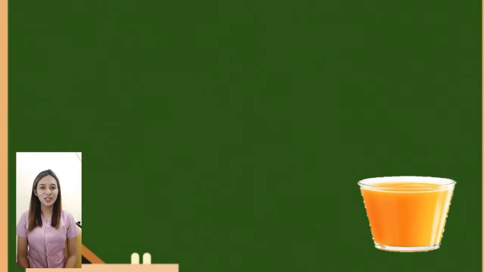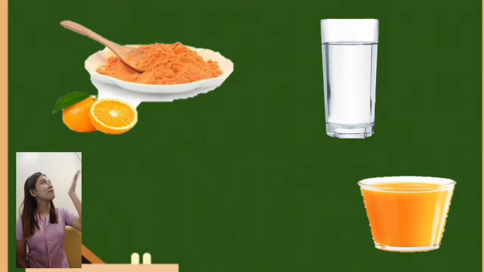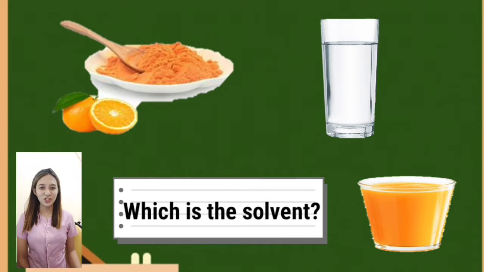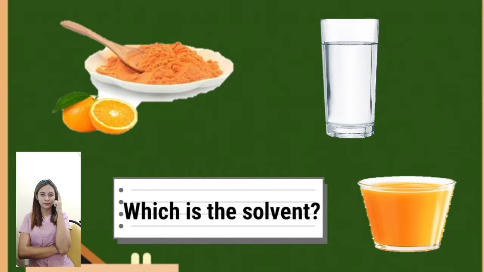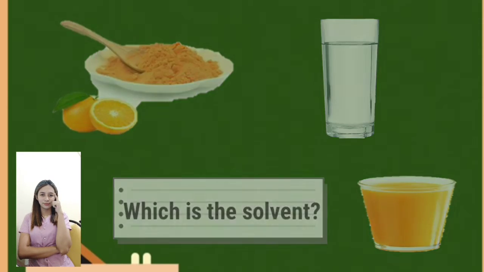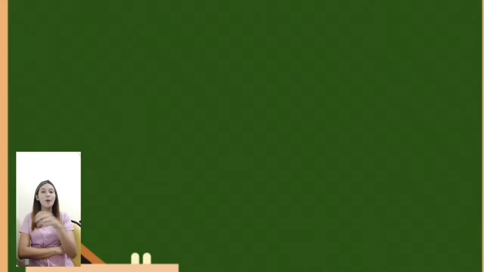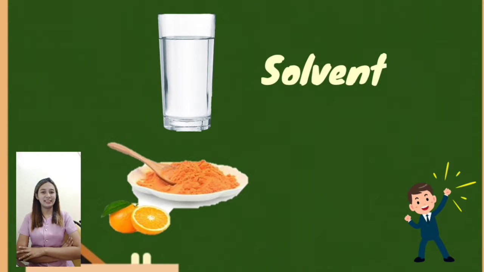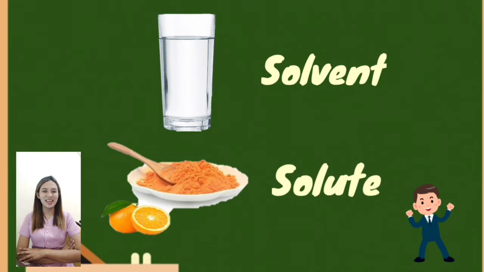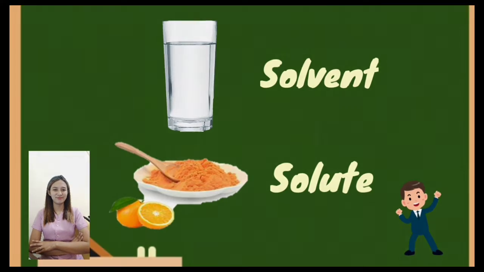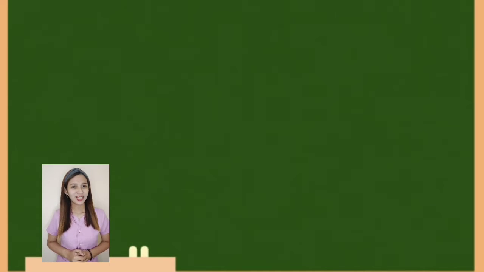Now, it's your turn. An orange juice is made up of water and powder juice. Which of the two is the solvent? Very good! Water is the solvent, therefore, powder juice is the solute. How about coffee?